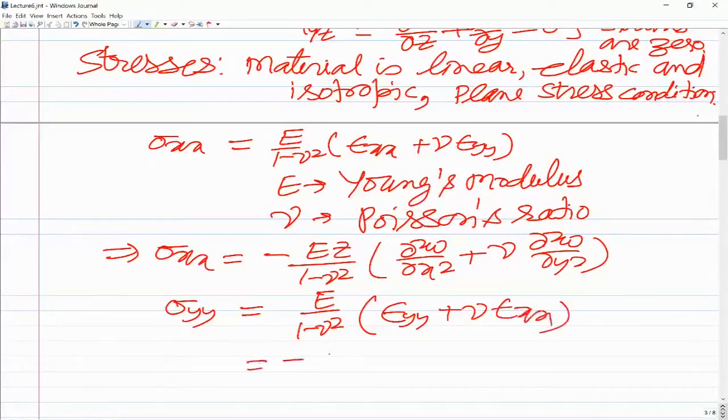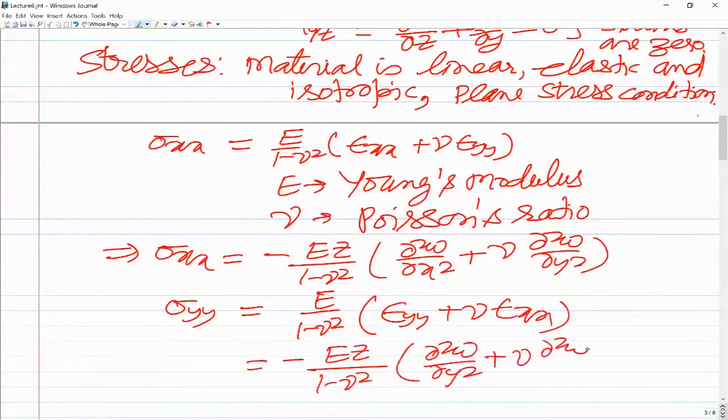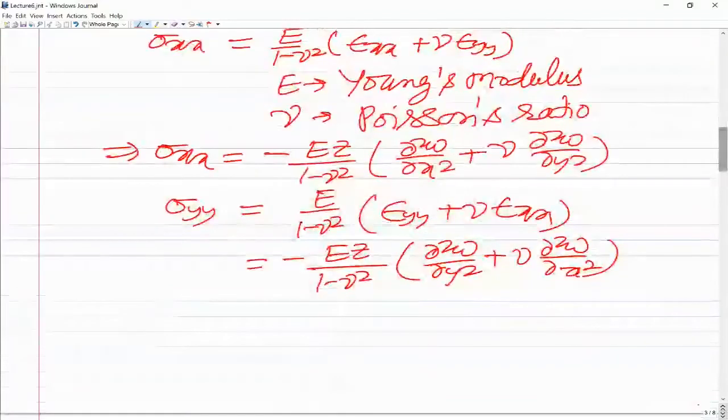So this can be written as minus Ez upon 1 minus nu square. Now if you substitute the values of strains, you will have del 2 w by del y square plus nu into del 2 w by del x square. So these are the expressions for sigma xx, sigma yy in terms of w.